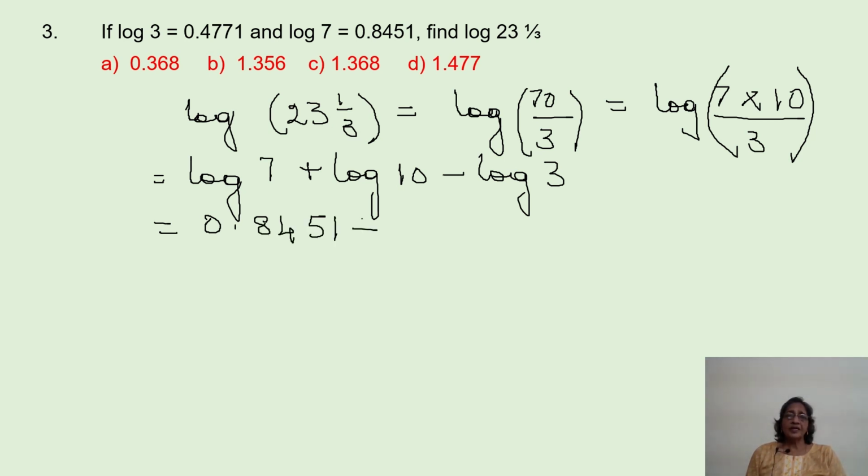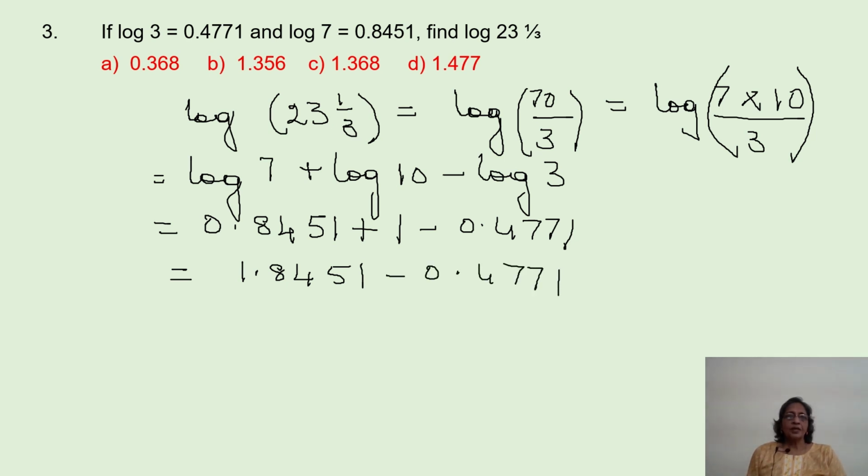Log of 10 is 1 and log of 3 is 0.4771. Now you can calculate this and get your answer. So this will be 1.8451 minus 0.4771.